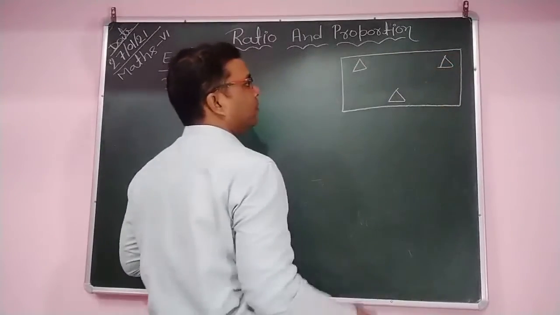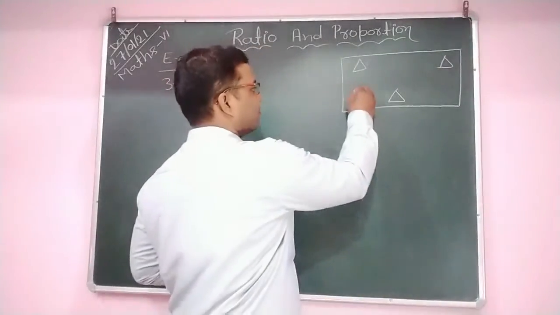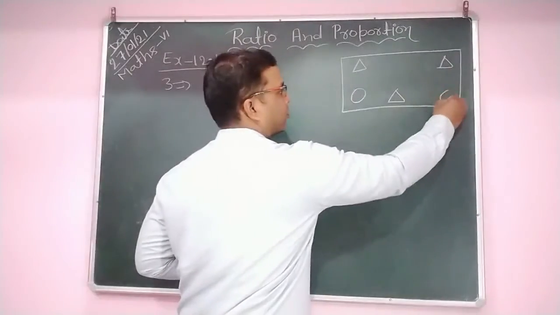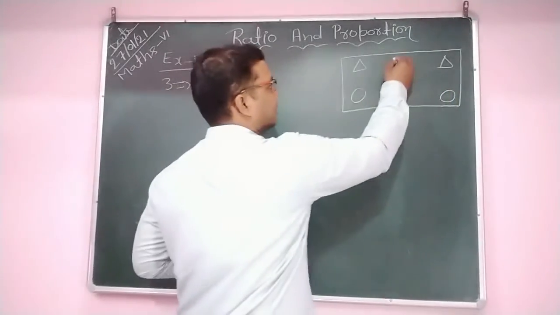After this, 2 circles are also given. Two circles and two squares like this.